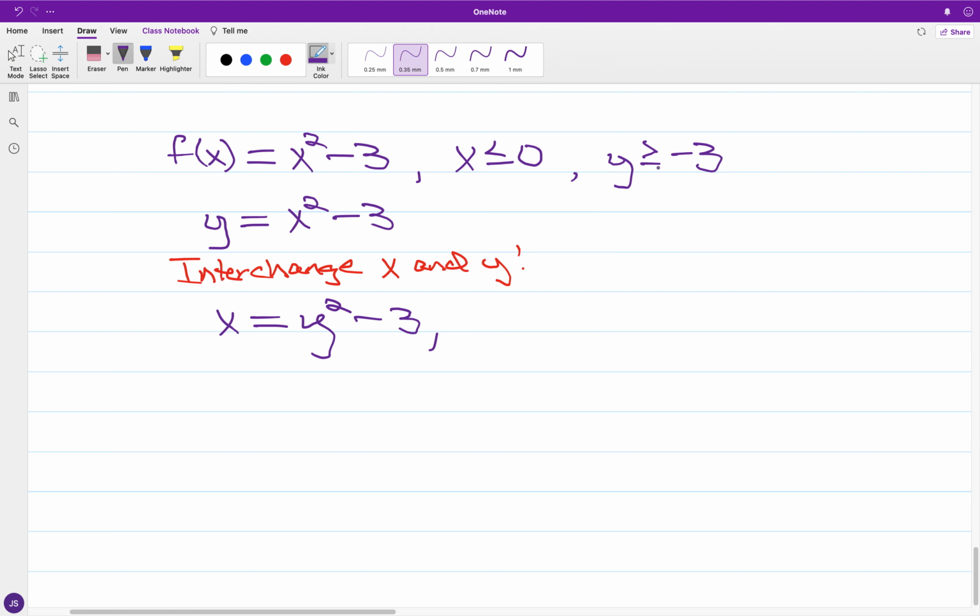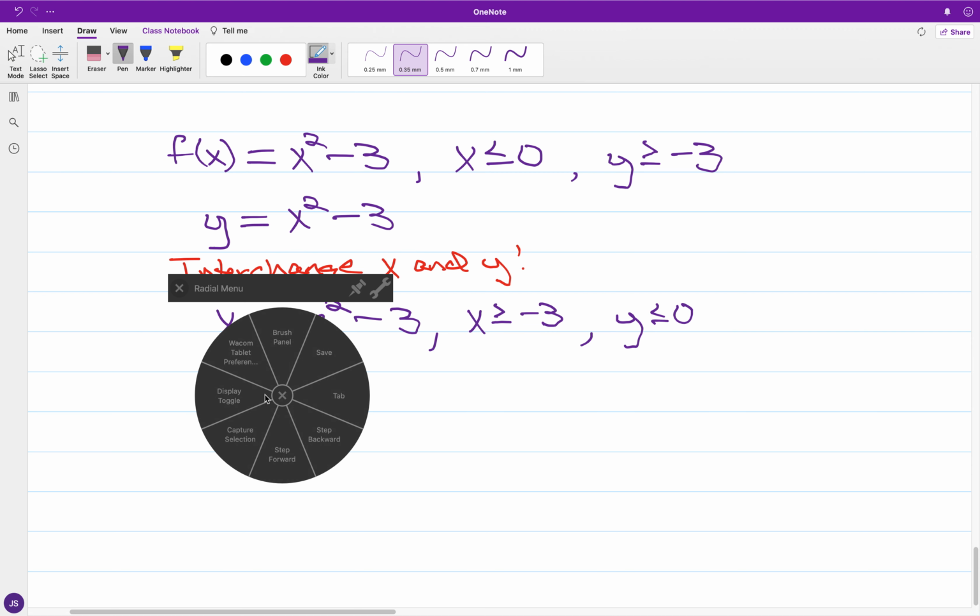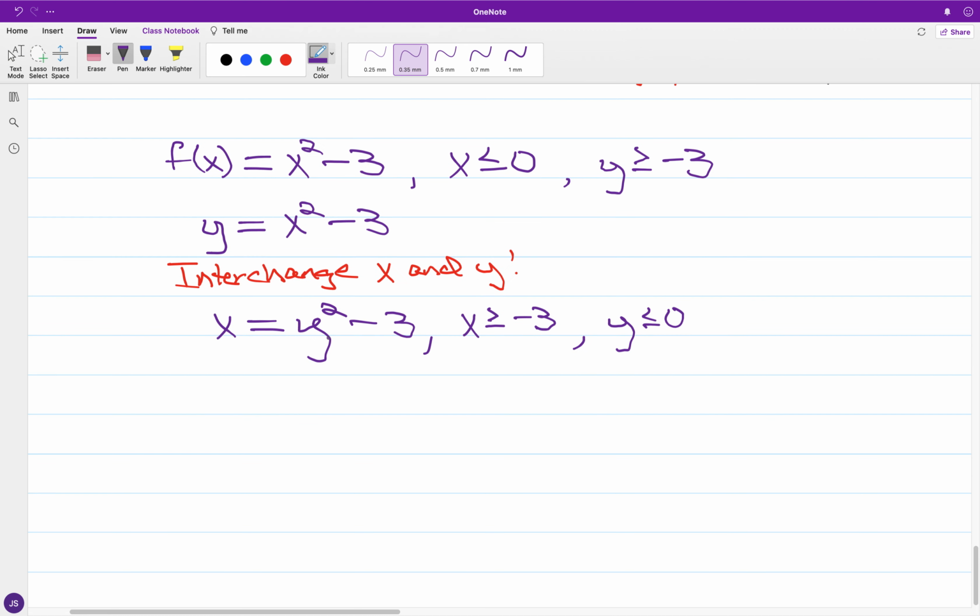So this time x is greater than or equal to -3, and y is going to be less than or equal to 0. And so here we're looking at solving for y. Right now our y term is on the right with y squared.